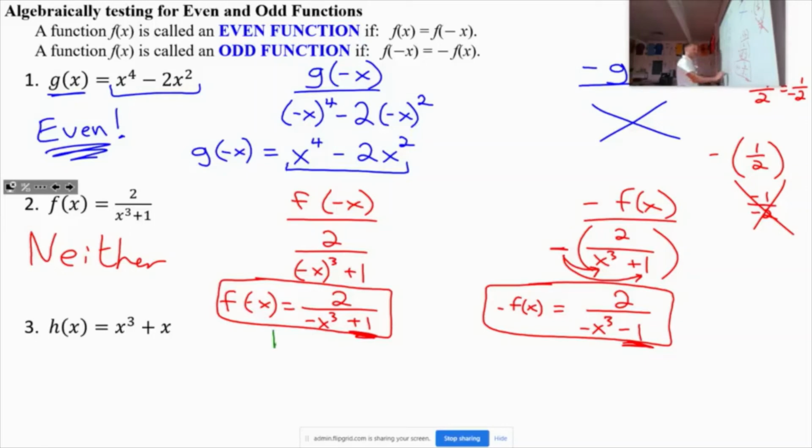Last one, squeezing it in here. All right. Same process. H of x, first column is done for me. Fantastic. Now, h of negative x, and then negative h of x. All right. H of negative x means put a negative x in for each.